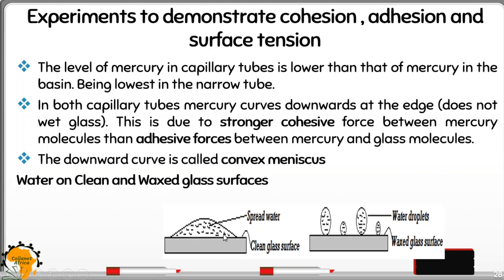In the first case, the force of attraction between the glass molecules and the water molecules is stronger than the force of attraction between the water molecules. But when you wax it, now you reduce the force of attraction between the water molecule and the glass molecule.